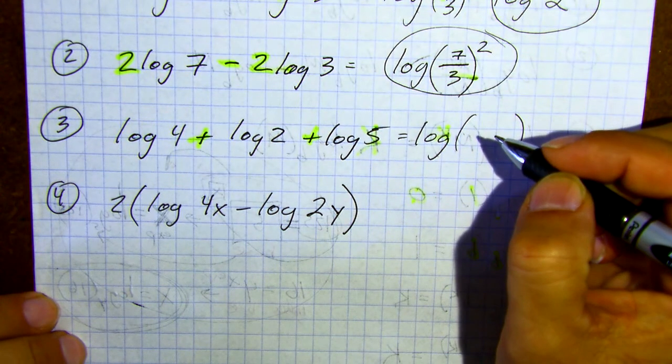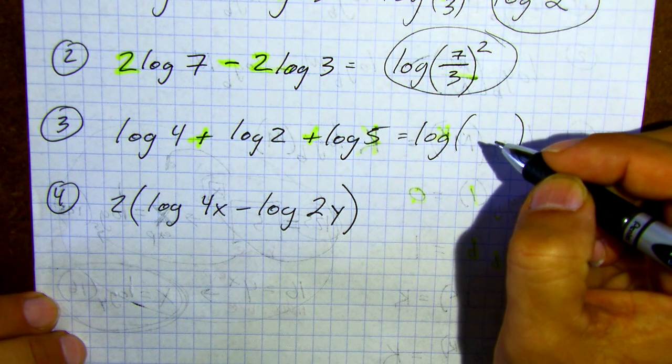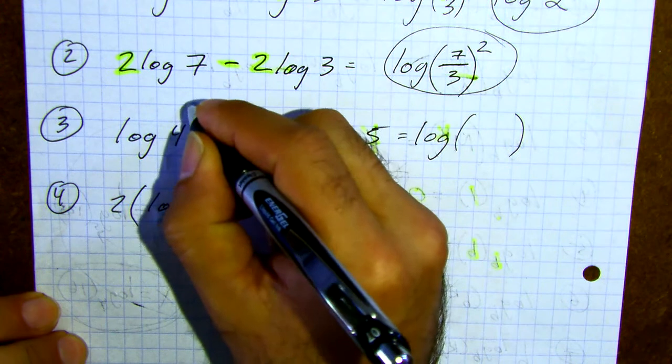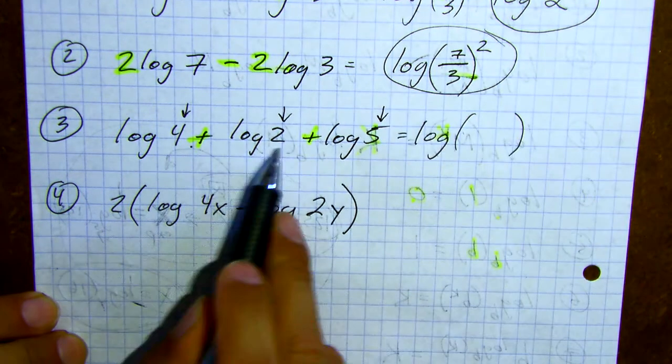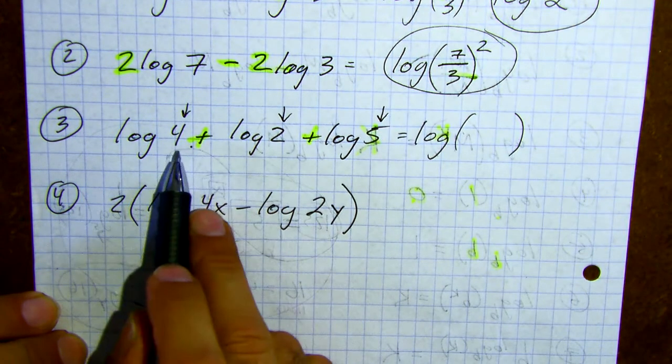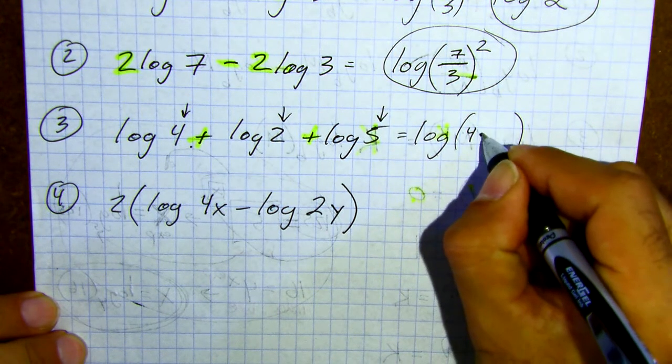Okay, someone in the chat, somebody at home, let me know what you end up with after you simplify all of it. Because we have a 4, we have a 2, and we have a 5. All of the log terms were added together, so over here, the 4 is going to be multiplied to the 2.